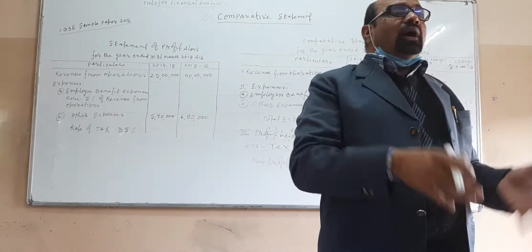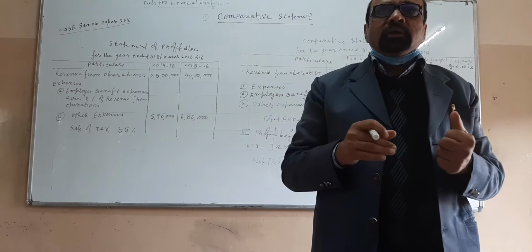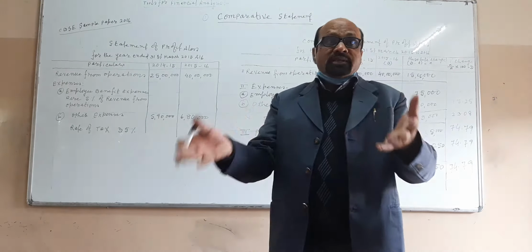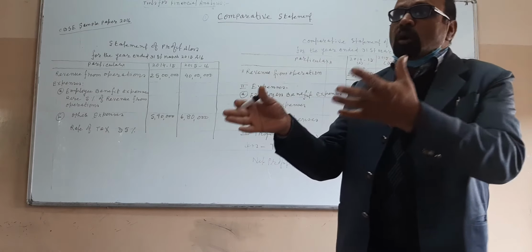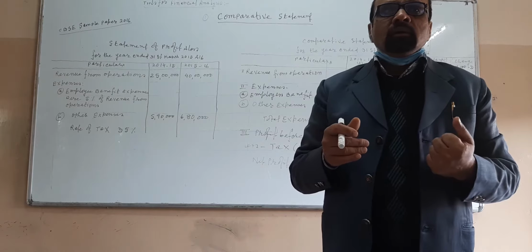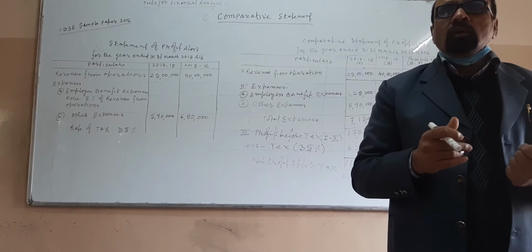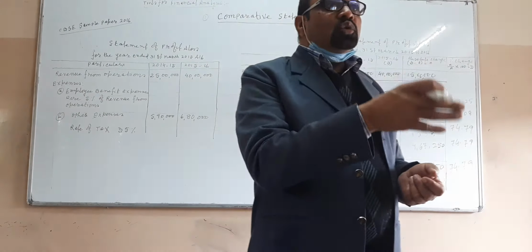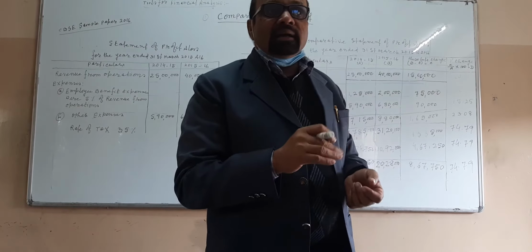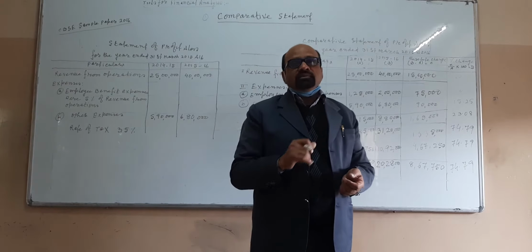But how can you analyze that what is the actual position of the company? Whether it is beneficial to purchase the share of the company, the bonds of the company, company's position is good or not. How? For this, you should have to utilize different tools. And after analyzing, you come to know that what is the real position.